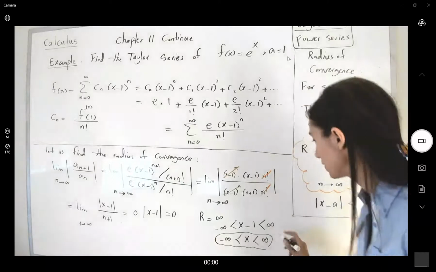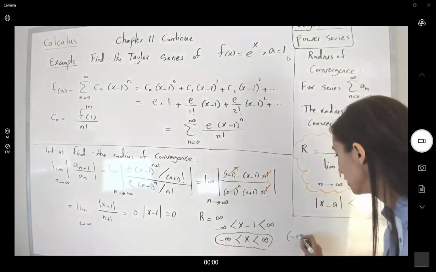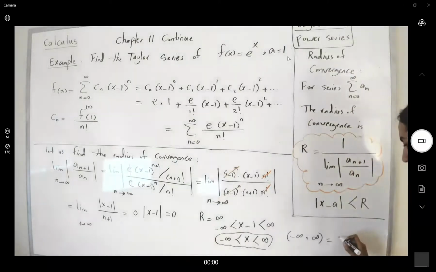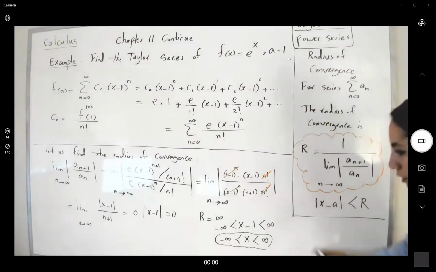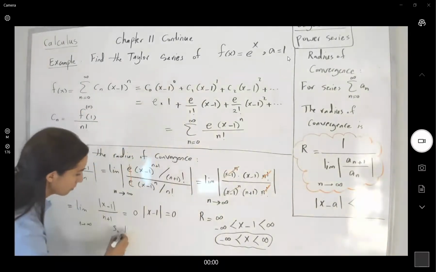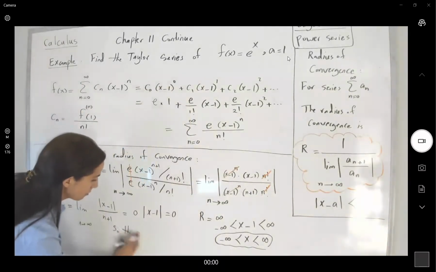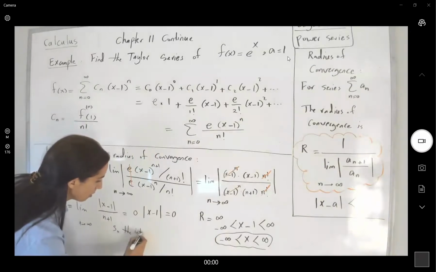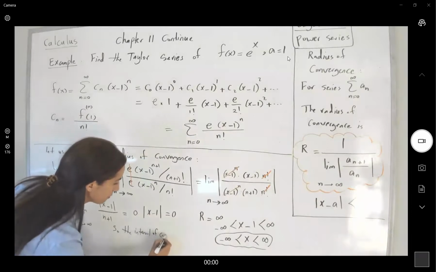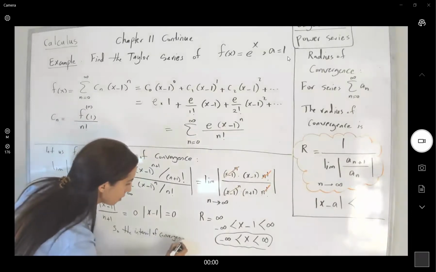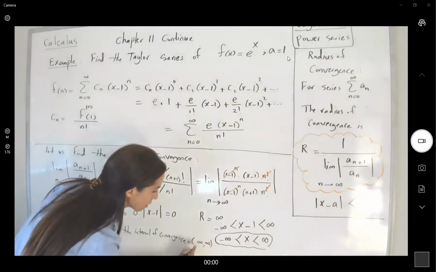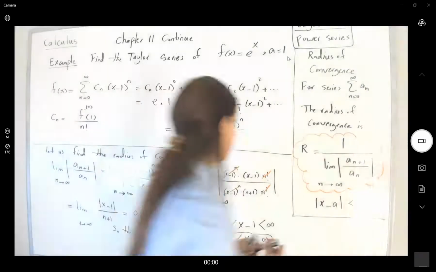We can represent this as the interval of convergence: negative infinity to positive infinity. So the interval of convergence is negative infinity to positive infinity.